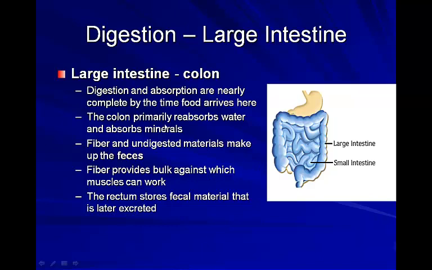So a lot of people think, well, why is any of this really important? Why do we have all these non-food substances that we have to get rid of? Well, they're actually very important. We need fiber. We need undigested materials, because remember that your digestive system is essentially one gigantic tube, and it has muscles that surround that tube that squeeze against it and push the foodstuffs through your system.